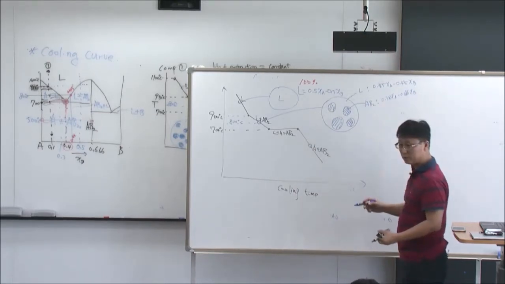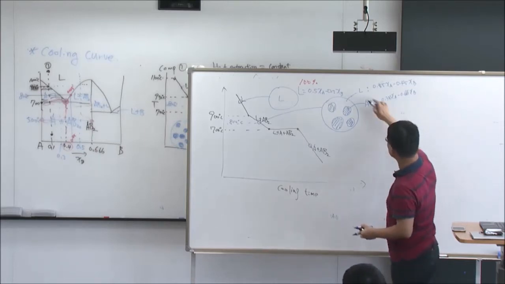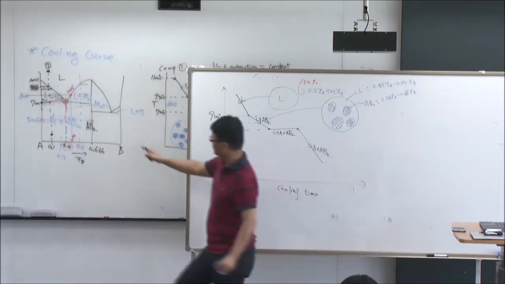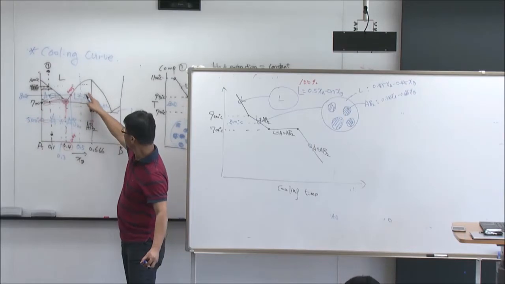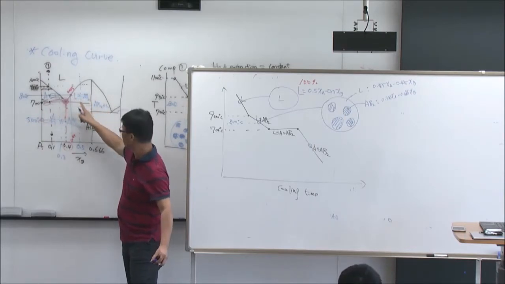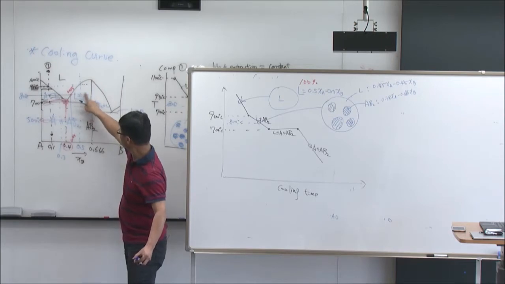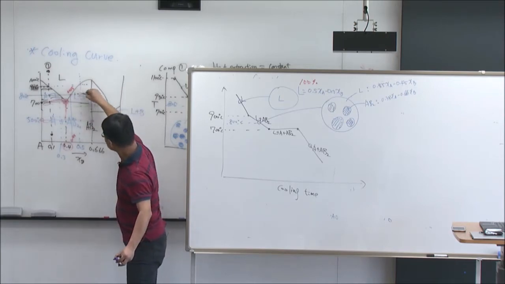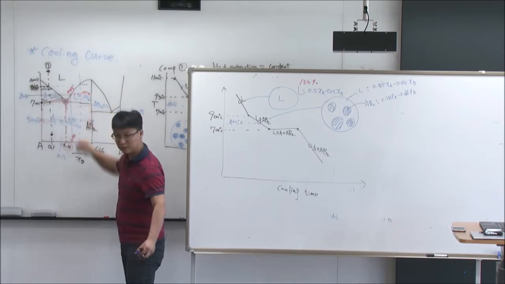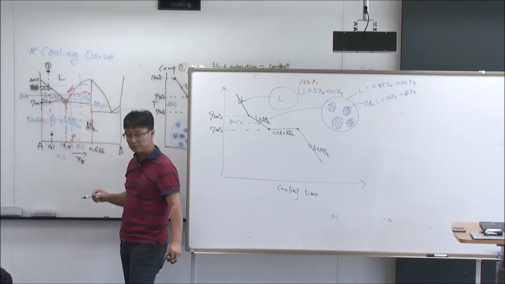The phase amount, so the amount of liquid phase. By the lever rule, this divided by the entire length. Yeah, the other side, yeah. Liquid is here, so the liquid amount is this distance. So this distance divided by the entire length, yeah? You good?